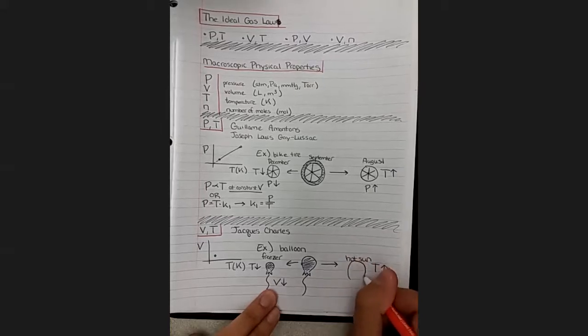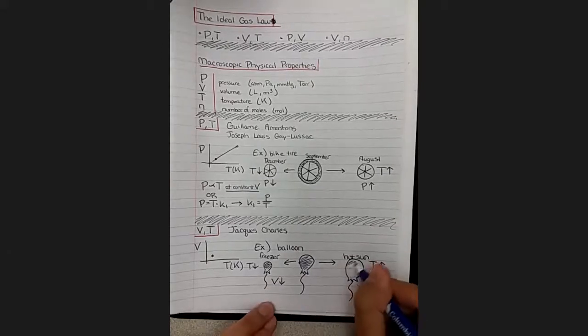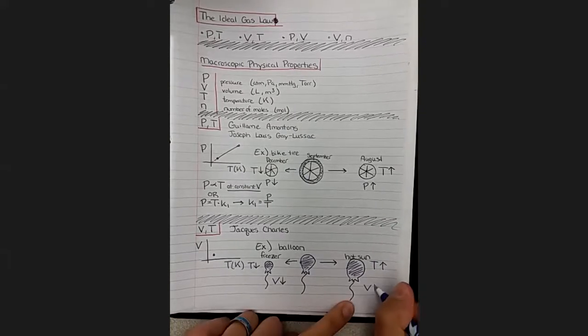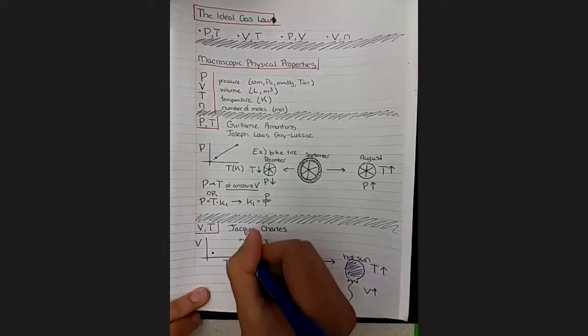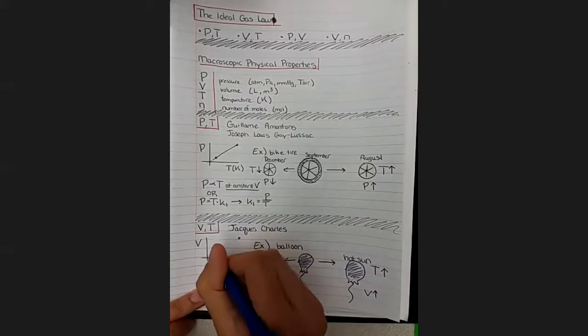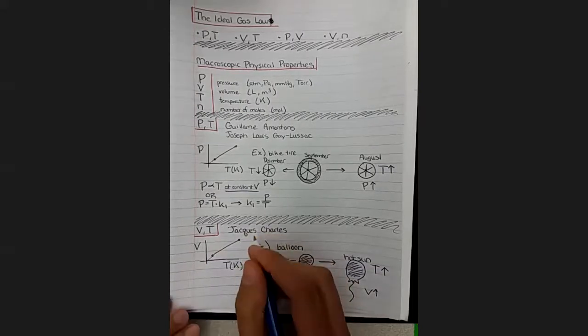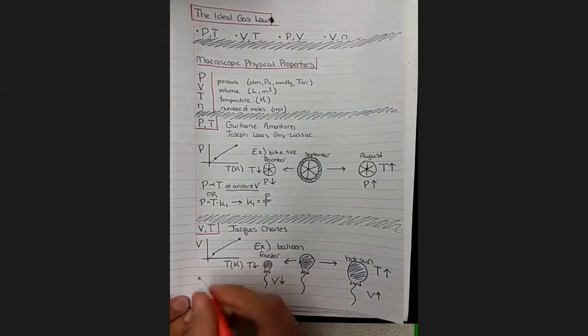That balloon is going to swell up and become even larger. So your volume is going to increase. High temperature, high volume. There we are. So we have a positive linear relationship once again.